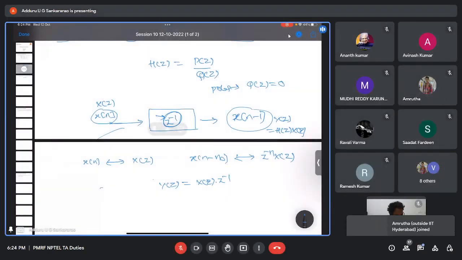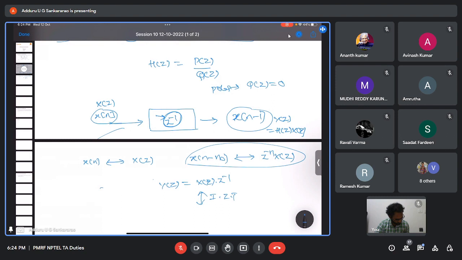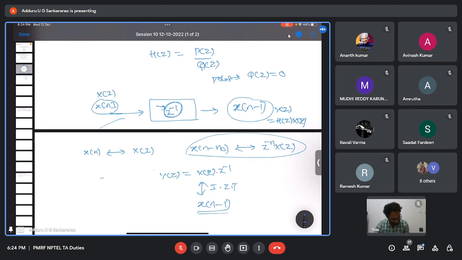Using this property, if I take the inverse z transform, the output is x of n minus 1. So this z power minus 1 introduces 1 unit delay in the signal. Is this clear?